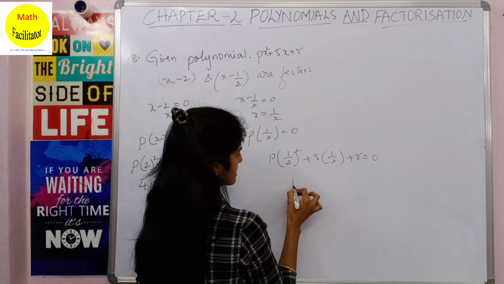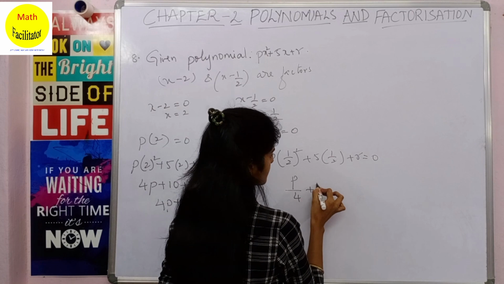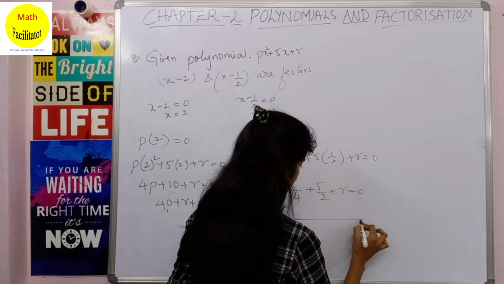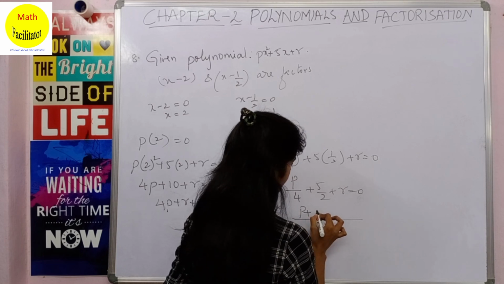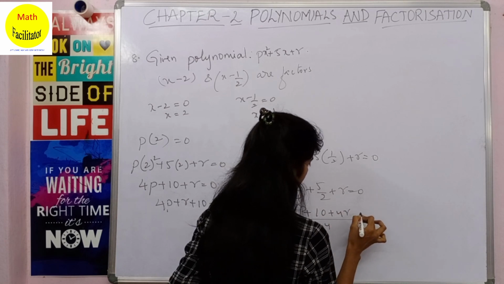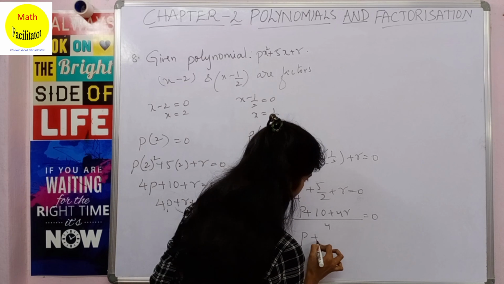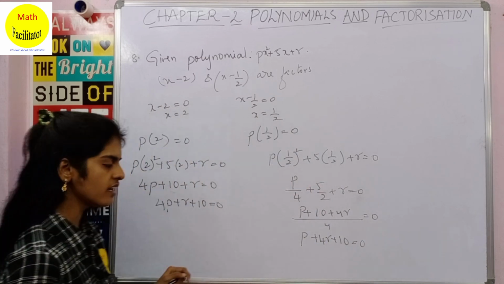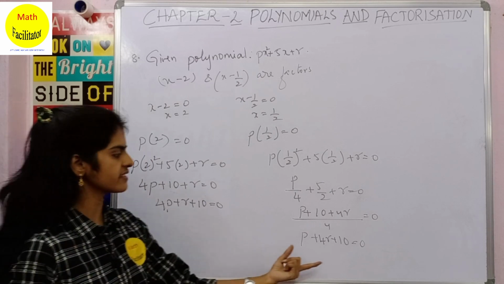Okay, so this is nothing but p by 4 plus 5 by 2 plus r is 0. Okay, now taking LCM, this is 4, p plus 10 plus 4r is 0. So p plus 4r plus 10 is 0, rearranging. Clear? So now this is one equation and this is the other equation.